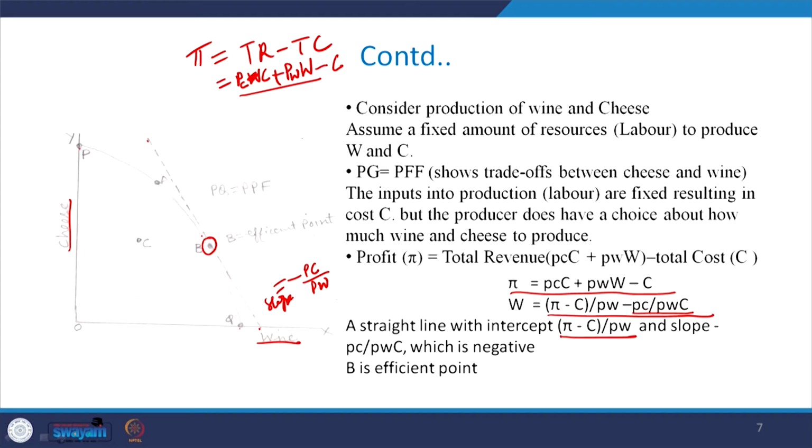So, optimization has occurred. So, B is the efficient point, and here PC divided by PW is the slope, which is negative, indicating the trade-off between the quantity of cheese and wine.